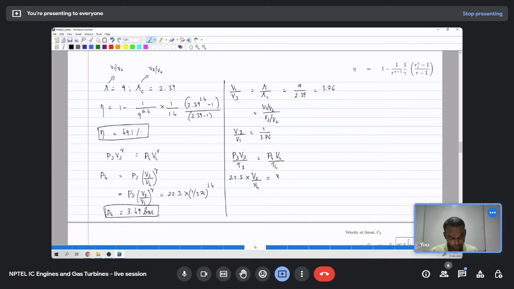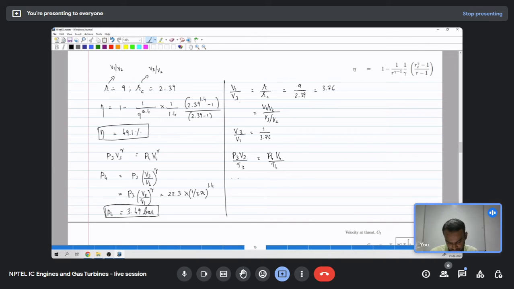So we have P4 as 3.49 and then I have T3 here. I think it is confusing, so I will write the values directly.